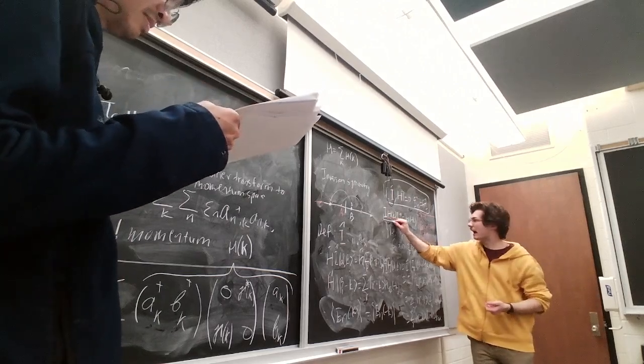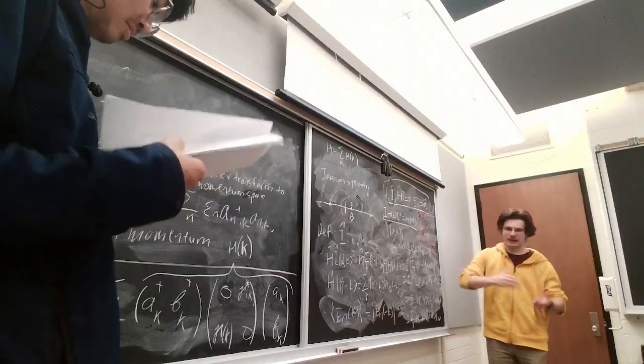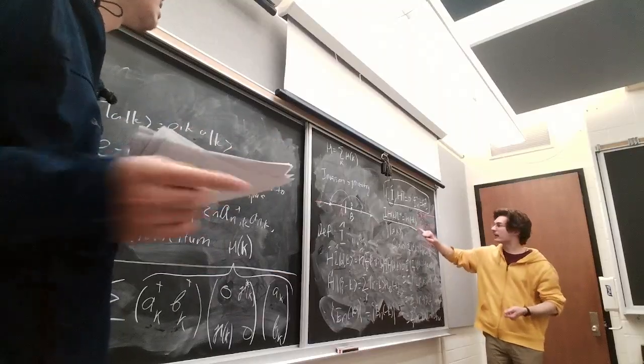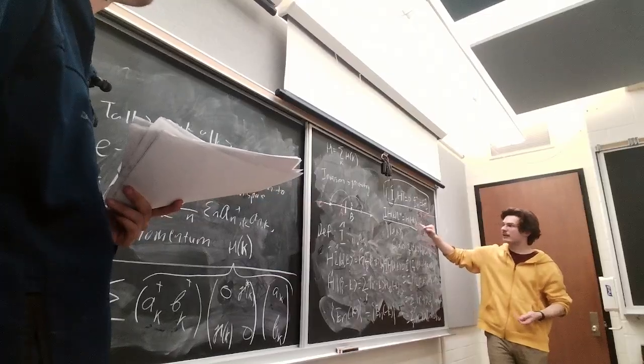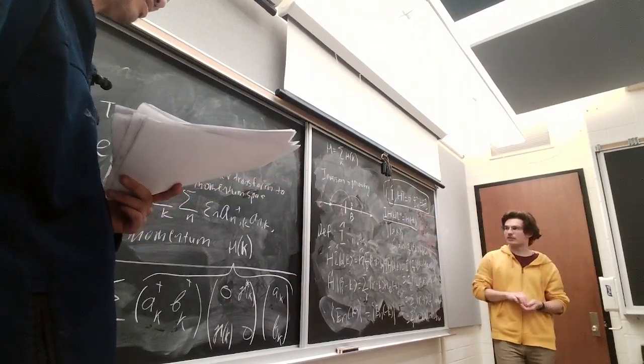My Hamiltonian is a sum of these different Hamiltonians, and I realize that H of minus K is actually related to H of K in some particular way, thanks to my symmetry.